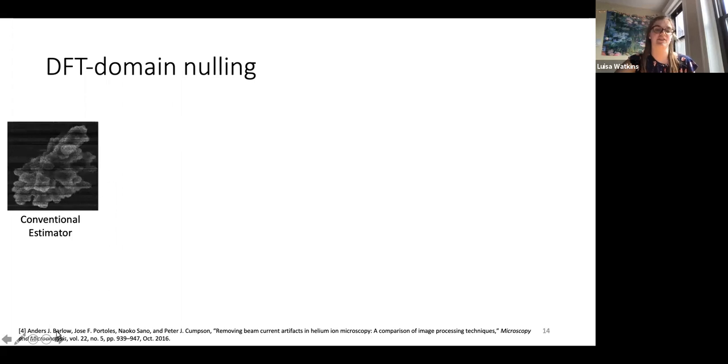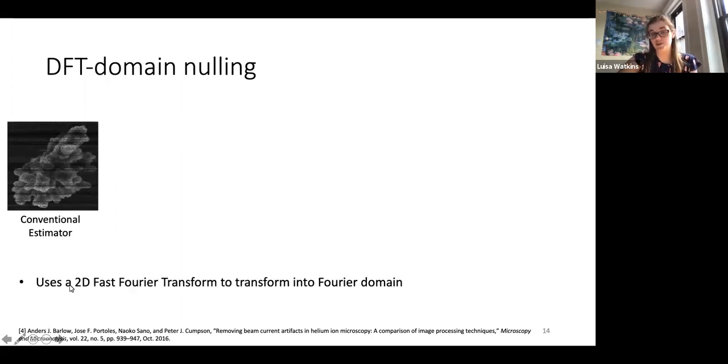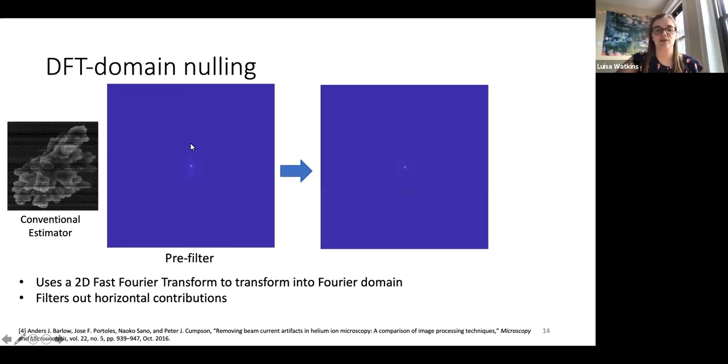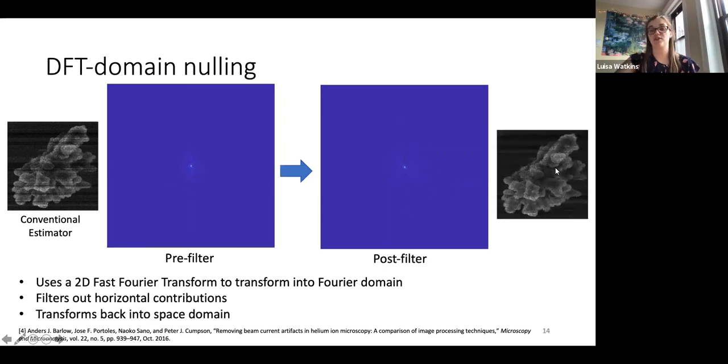So this is an example of a conventional estimated image, and it uses a 2D fast Fourier transform. So it takes this conventional image and transforms it into the Fourier domain. And this is pre-filter. Then it's able to filter out the horizontal contributions. So if you see, there's this vertical stripe here that's faint. It filters that out, and then it transforms it back, and this is the result.